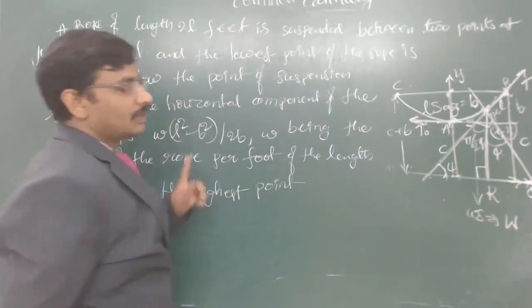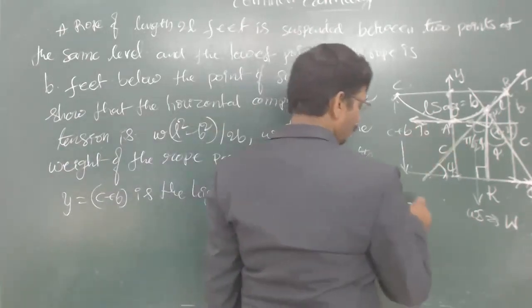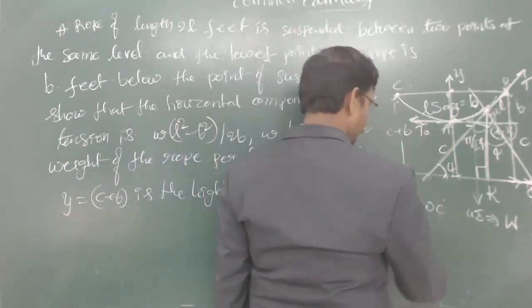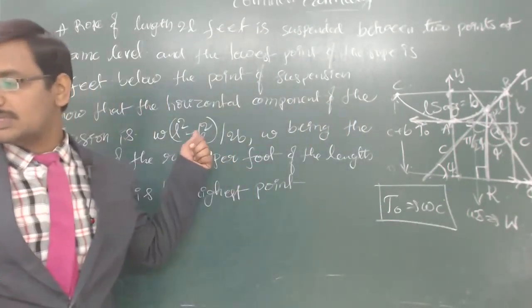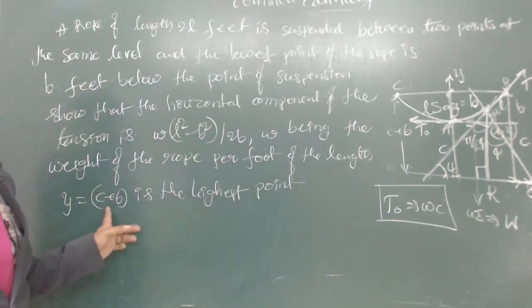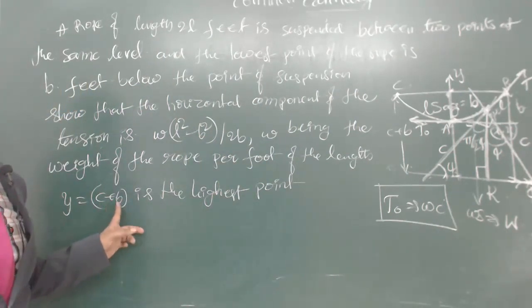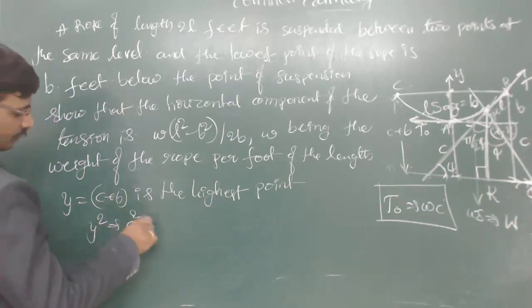Why we are finding the highest point is that we need to find W times C, and this C value you should establish in terms of B. For that we have a relation involving C and B: y square is equal to C square plus S square.